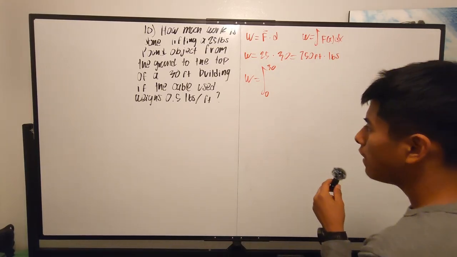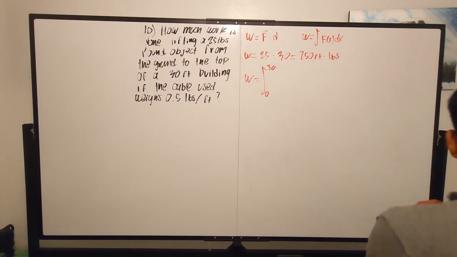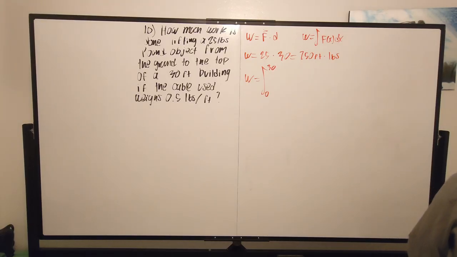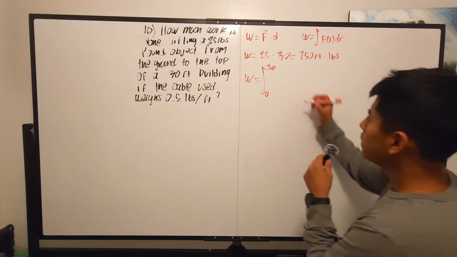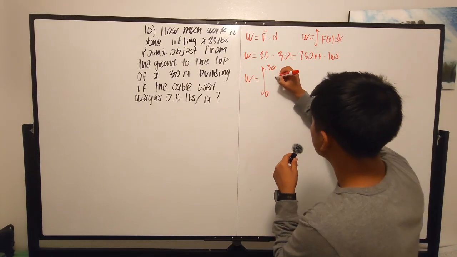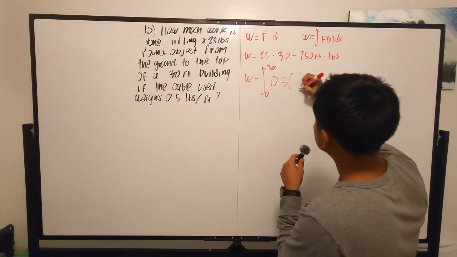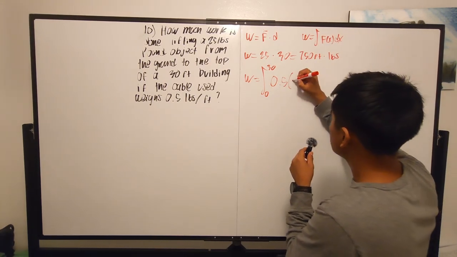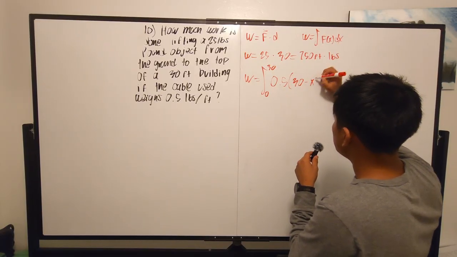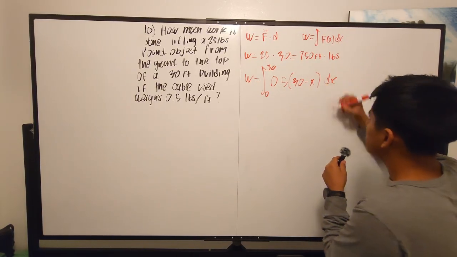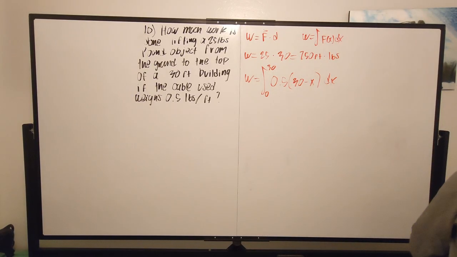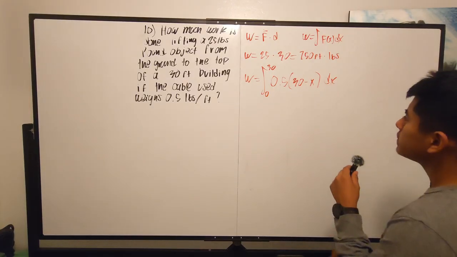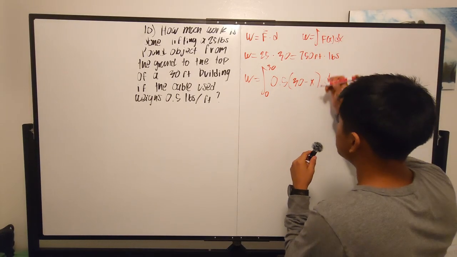F of x, for f of x, it's going to be the weight, so it's 0.5 multiplied by the distance that it goes, so it's going to be 30 minus x dx. And now I can distribute.